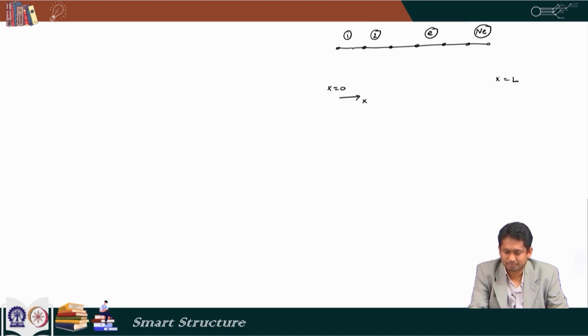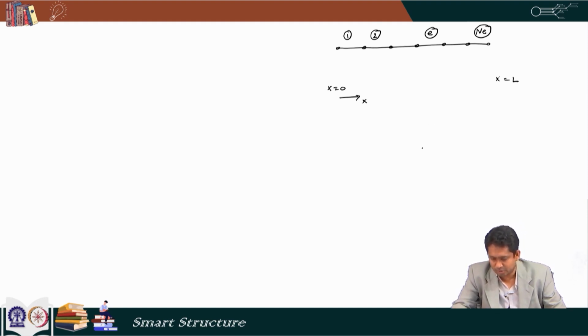Now, these points which are at the two ends of each element are called nodes. So, this is a node, this is a node, this is a node, and so on. Except the first and the last node, the rest of the nodes are shared between two elements. For example, element number 1 and element number 2 share this node, which is the second node.